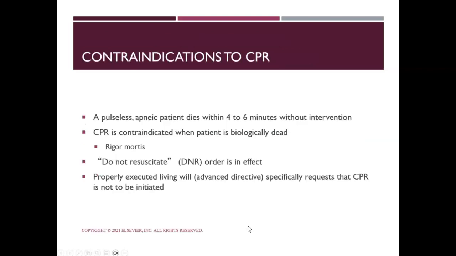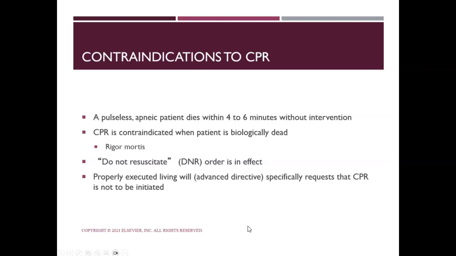Some contraindications for CPR are going to include if the patient is biologically dead, meaning that the patient's already cold and has rigor mortis set in. Not really an option to start CPR and try to resurrect the dead there. Typically, if a patient has had an unwitnessed cardiac arrest or even a witnessed cardiac arrest, the patient is not going to make it if you don't have an intervention within a couple minutes.